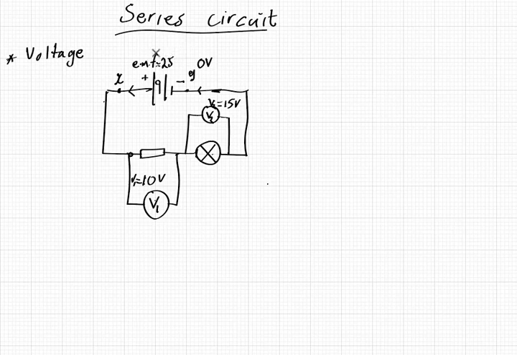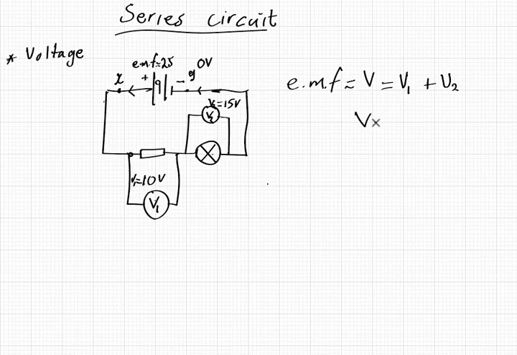So the value of EMF is therefore 25 volts. That is the voltage from the source, EMF. We don't like writing EMF. We just like writing V for voltage. Like I said, EMF is also called voltage because it's the source voltage. So voltage is V1 plus V2.